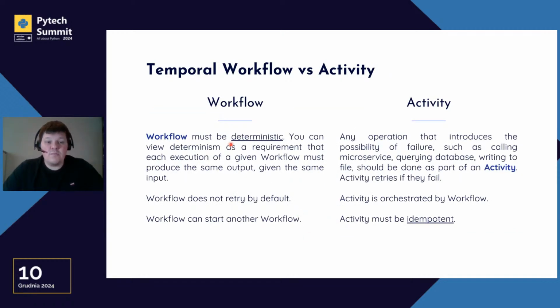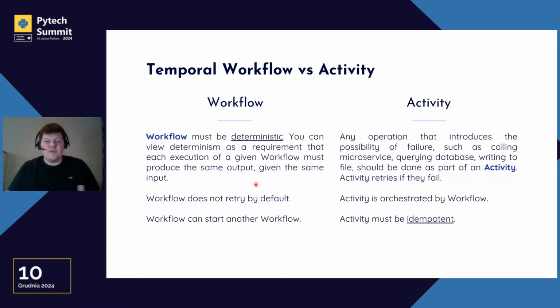A workflow must be deterministic. It means for the same input, we can expect the same output for each execution. For example, in my demo, I will use 2 plus 2. I will execute it the first time, it is equal to 4, the second time equal, the third time equal. However, when we want to use, for example, a randomizer and random numbers, we can expect a different result every execution.